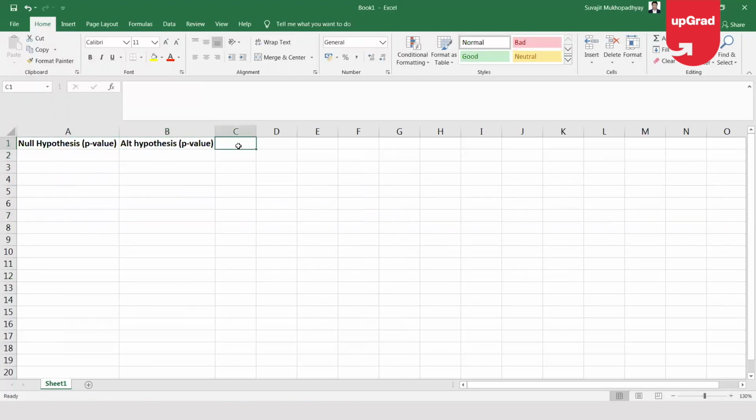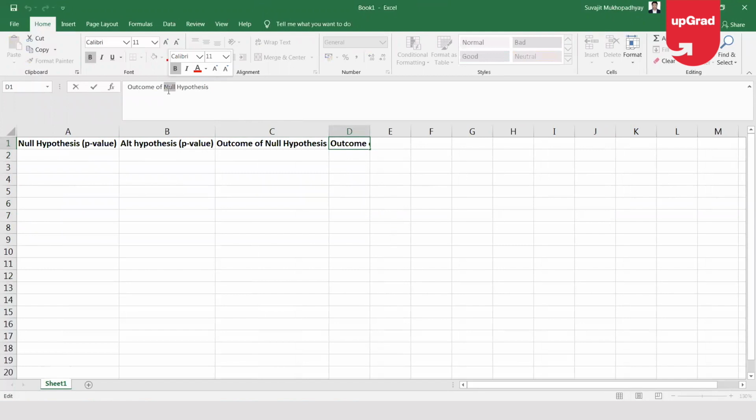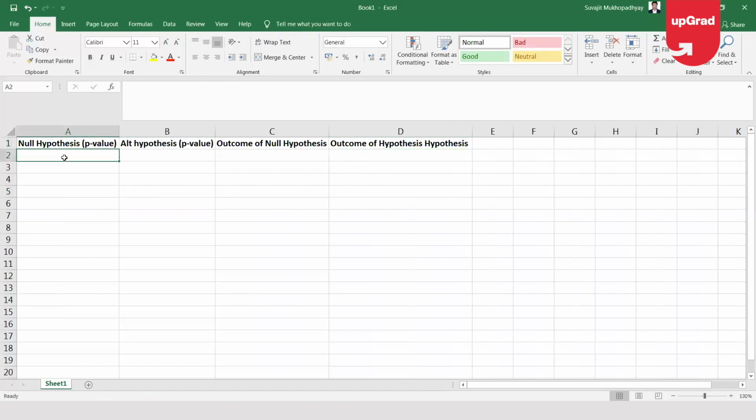And here outcome of null hypothesis and the outcome of alternate hypothesis.